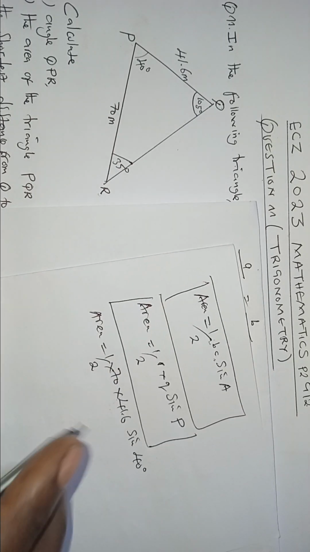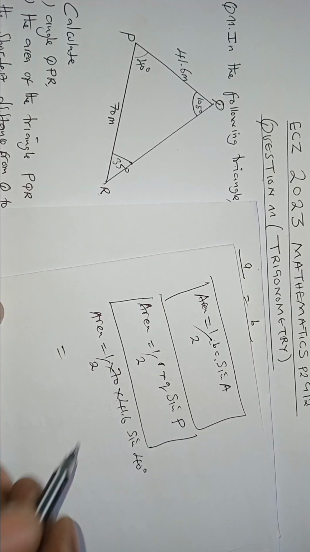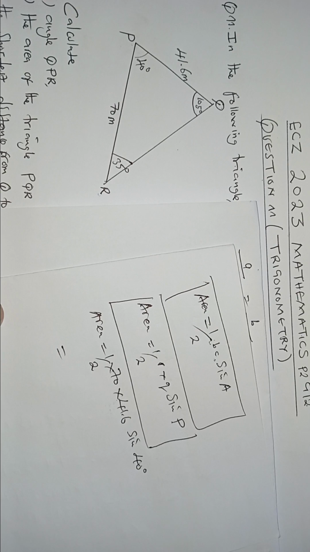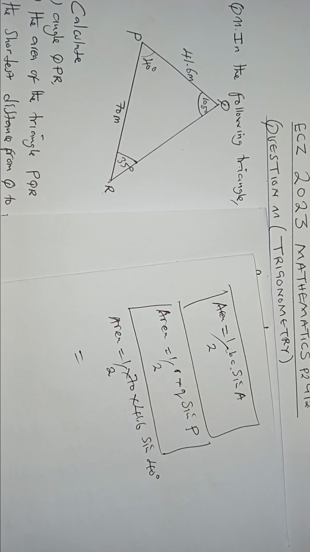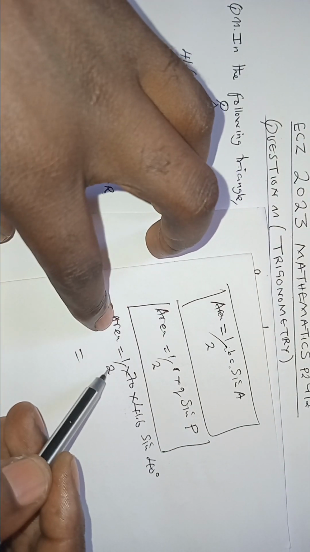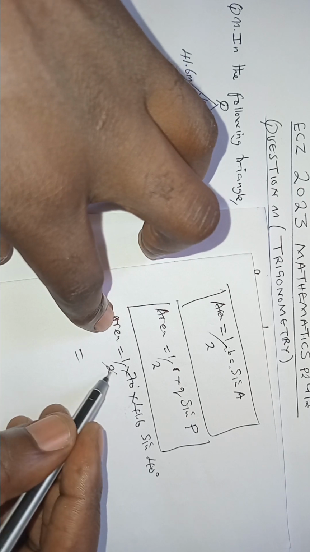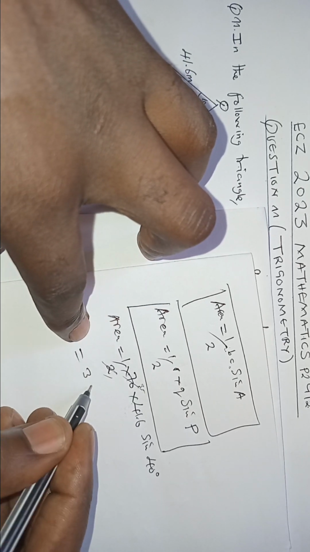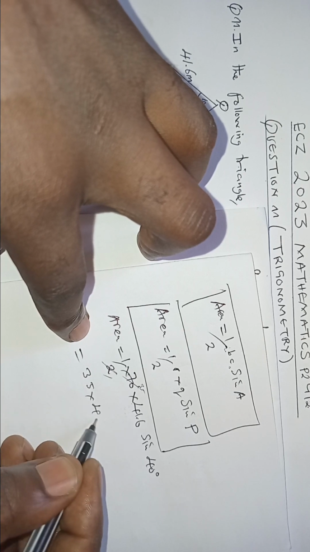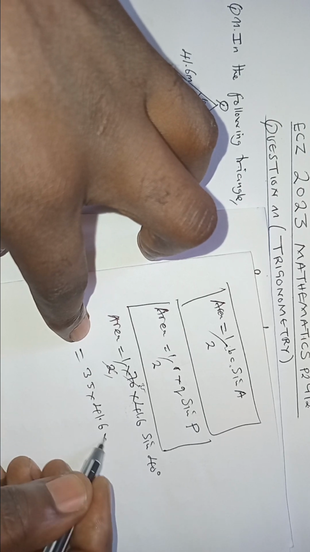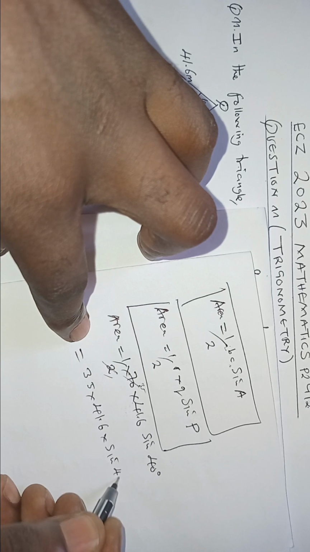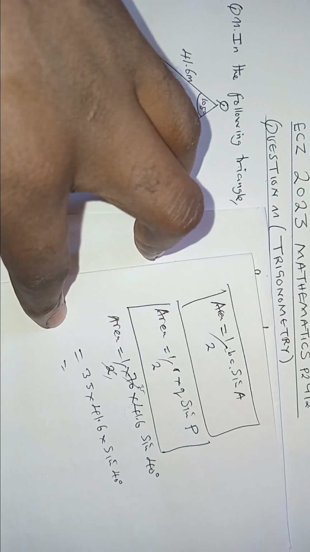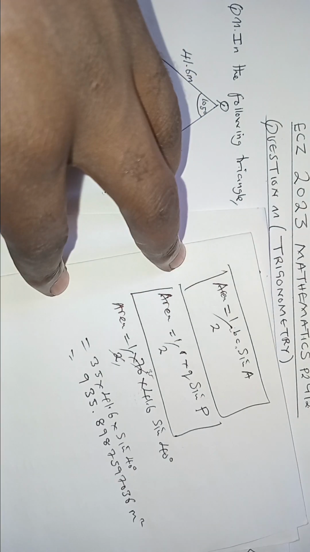Okay, from there, we say this shall simplify to, so what I've done, I've simply divided this 2 into 70, so 2 there is 1, 2 there is 35, so we are going to have 35 by 41.6, then by sine 40. So let me check what this is going to give me on the calculator.